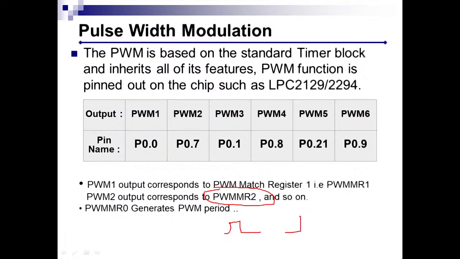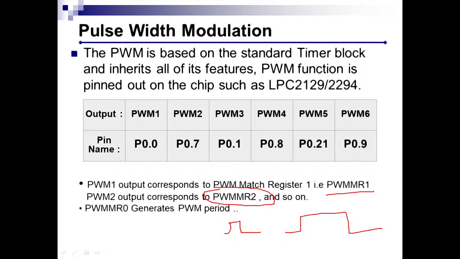If you have a low value stored in this match register, you will get a lower width. If you store a higher value, you will get a higher width. So this width is directly proportional to the value stored in the match register. We have 6 match registers corresponding to the 6 PWMs.